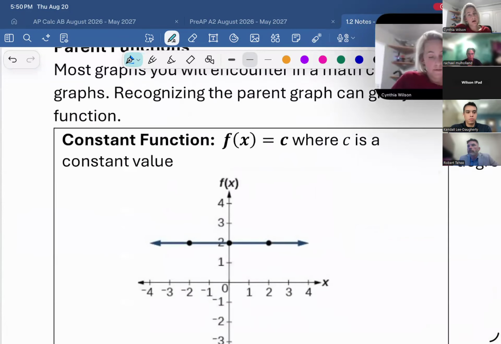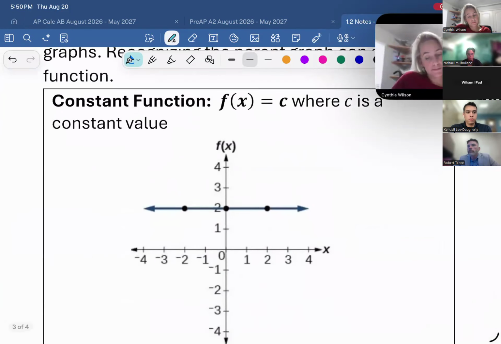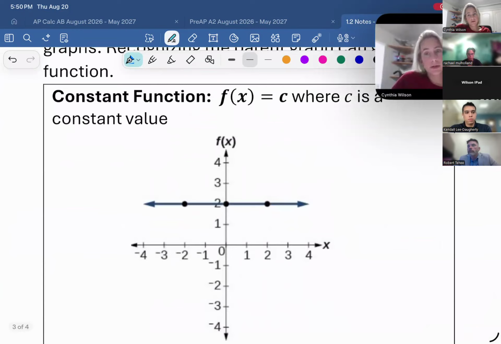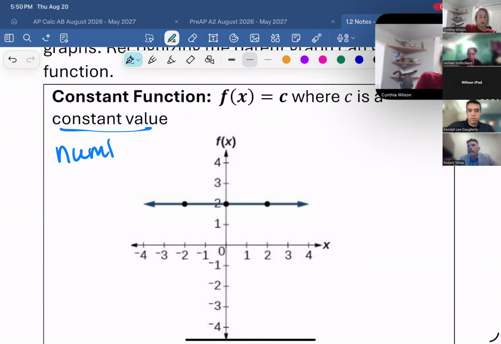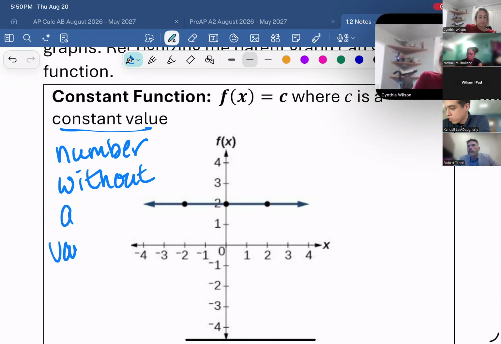First type we're going to see is called a constant function. Okay, I'm using some technical vocabulary here. It says f of x equals c. C is a constant. So I want you to write under constant, this is a number without a variable.